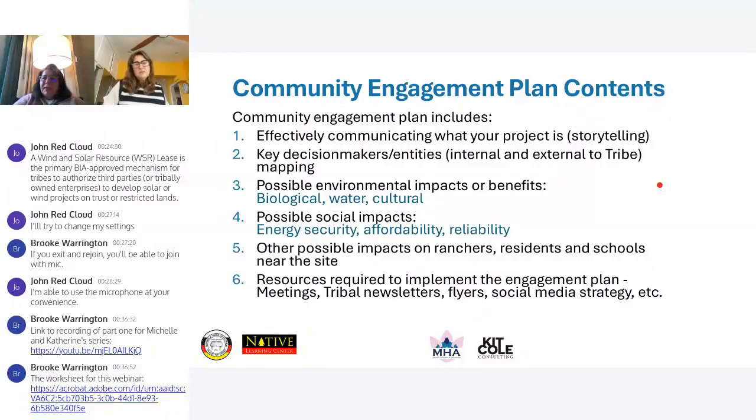Oftentimes we think about engagement strategies around individuals, like we talked about land, who's living on the land or how it's impacting the land. But you also need to be thinking about those departments that have influence in moving your project forward, and sometimes the scarcity of resource allocation for the type of work that's required. It is a lot of work to do. So you need to be thinking about that as you're looking at your plan and your matrix.